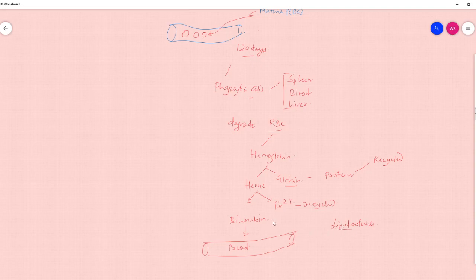Okay, let us consider this bilirubin, and this bilirubin is carried by the plasma protein albumin.